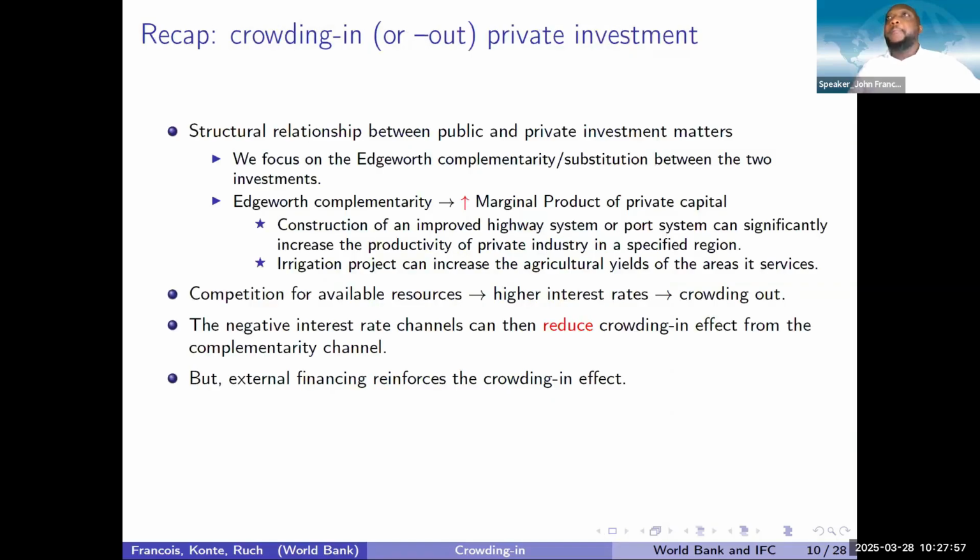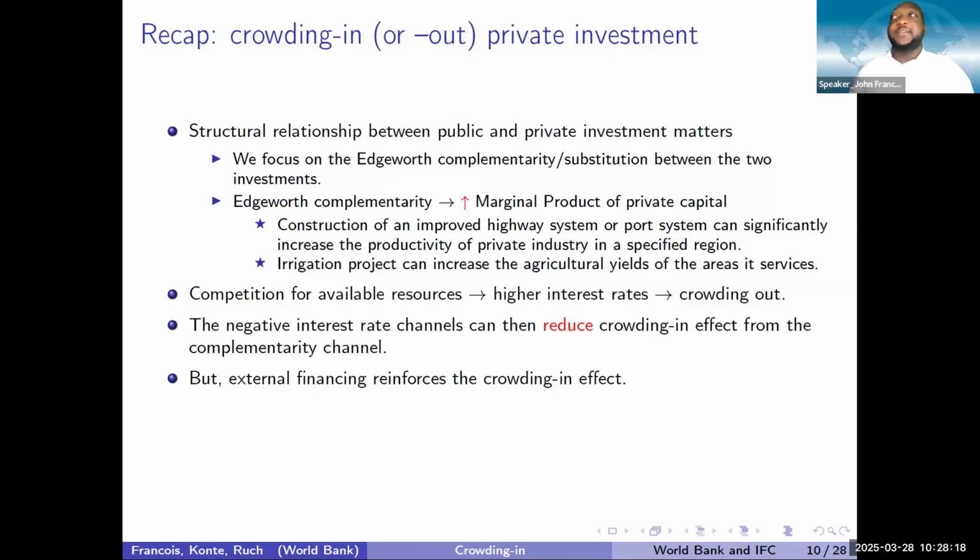Okay. So this tussle, like I explained, comes in this nice setup here, in that when you have edge complementarity between public and private investment, an increase in private investment raises the marginal product of private capital. But what is the idea of edge complementarity, right?